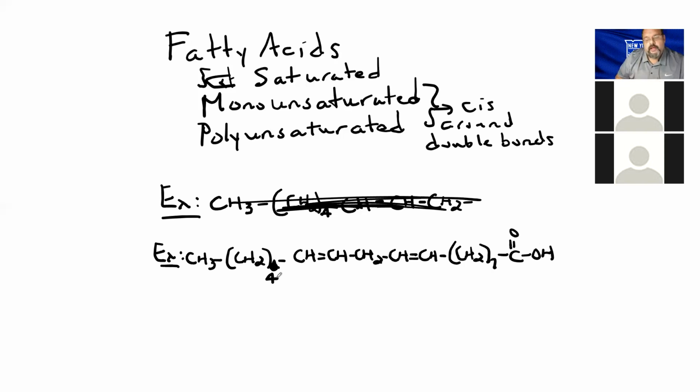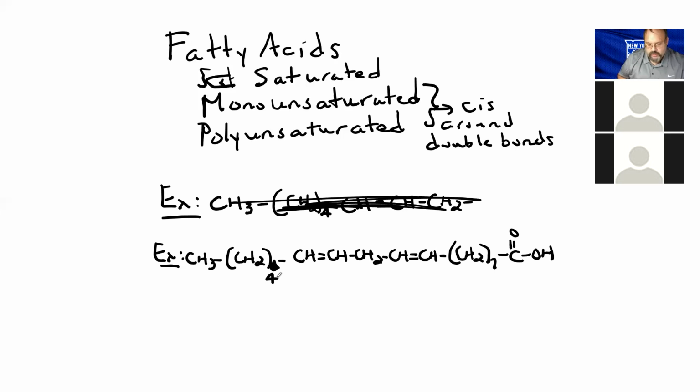In terms of drawing the fatty acids, I know the textbook likes to use the skeletal or line angle formulas. The way that I generally like to draw the fatty acids is by using this condensed structure. But when you have CH2 groups connected to each other over and over again, one way to condense that even further is to put CH2 in parentheses and the number of them you have connected in a row as a subscript outside the parentheses.